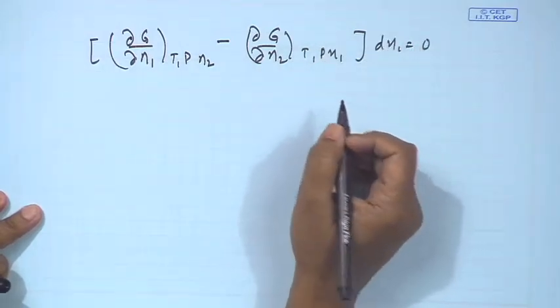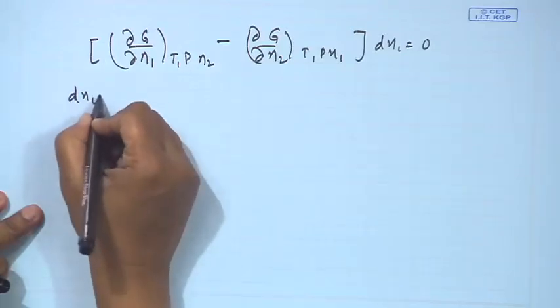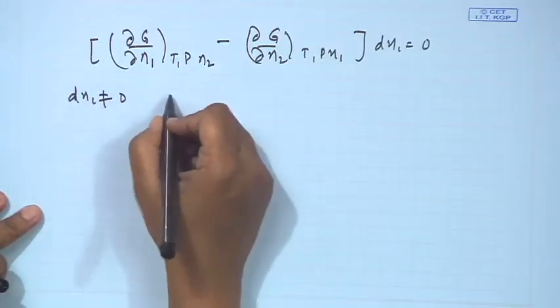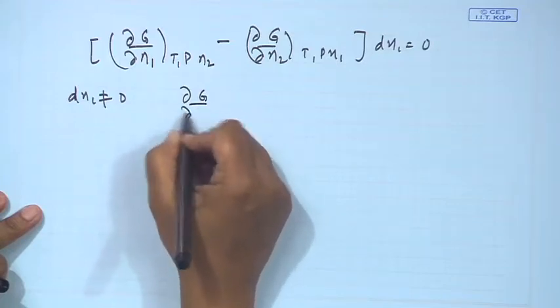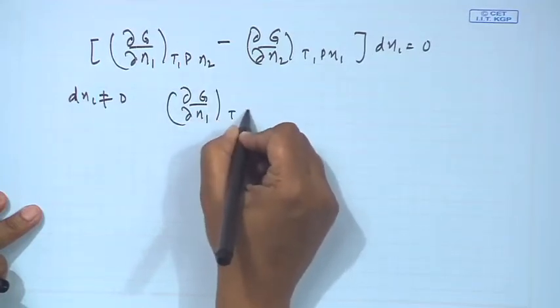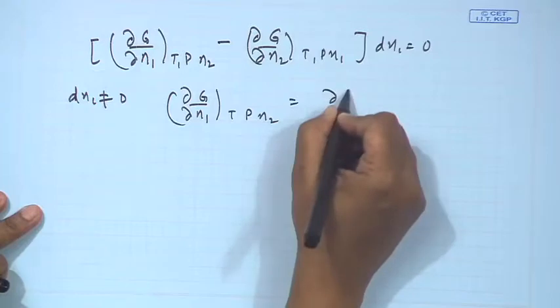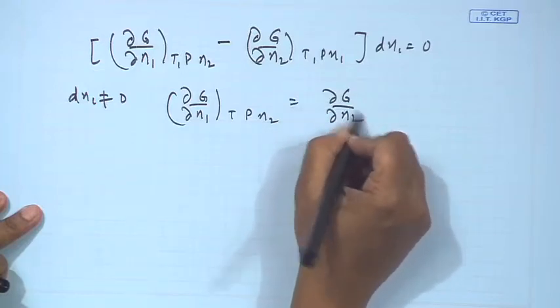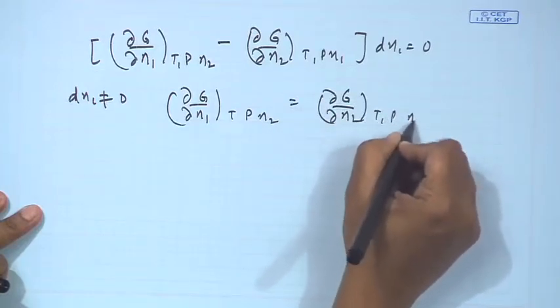What does this imply? Since we know that dN1 is not equal to 0, it automatically implies (∂G/∂N1) at T, P, N2 must be equal to (∂G/∂N2) at T, P, N1.